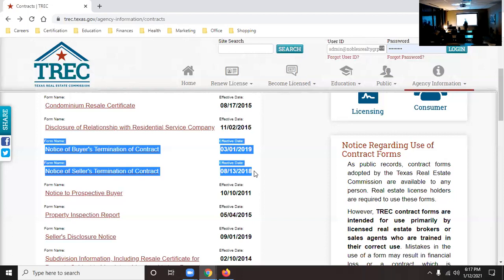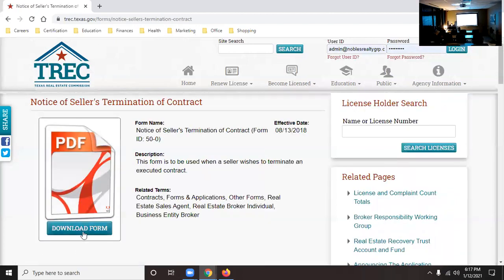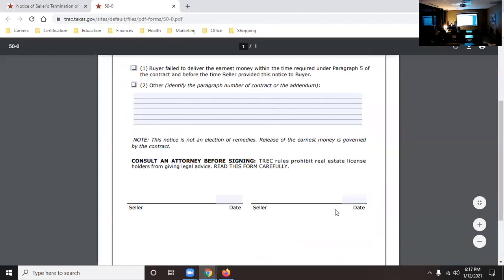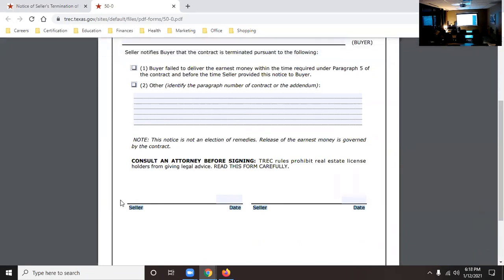Now you will notice on these forms when you're completing this, because a lot of people don't understand this, because remember, it's a separate issue. When you pull up the form, notice right here, down at the bottom, there is no spot for the buyer on the seller's form. Same thing applies on the buyer's form. There's no spot for the buyer or the seller to sign on the buyer's form.